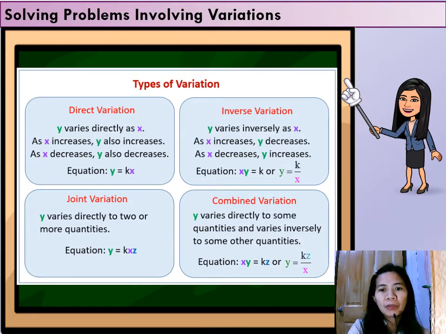For example, y varies directly as z and inversely as x. So for the mathematical equation, we have x times y equals constant times z, or y equals constant times z all over x. Okay, so these are the four types of variation that you have to remember, and also their equations.